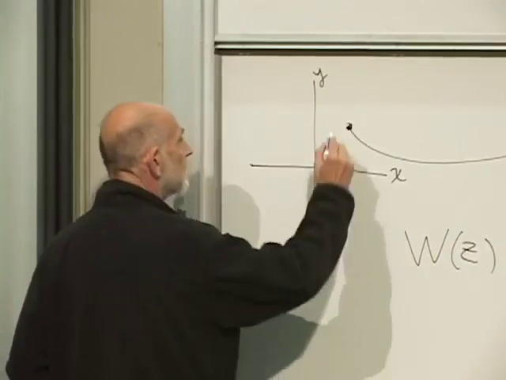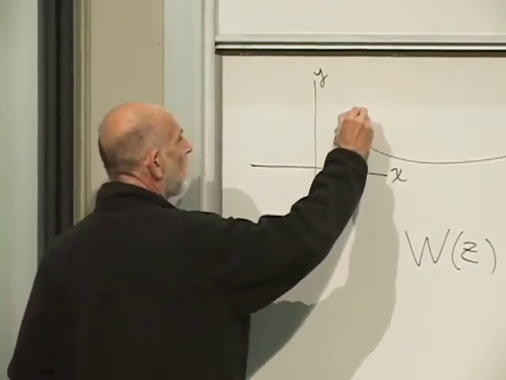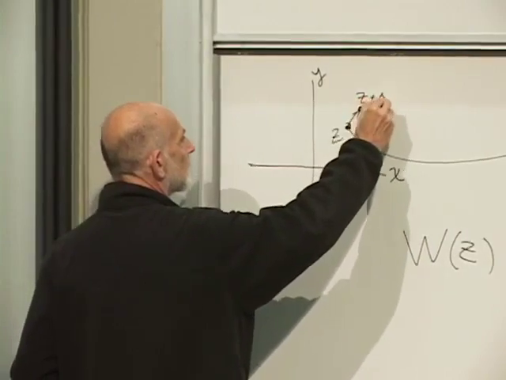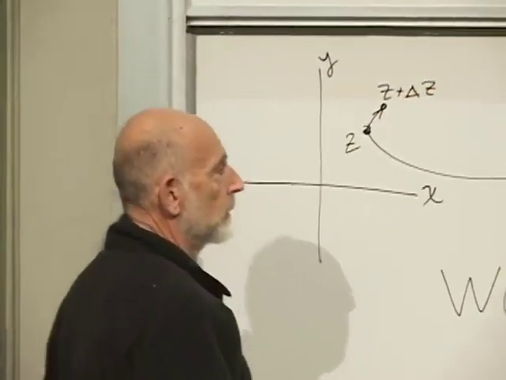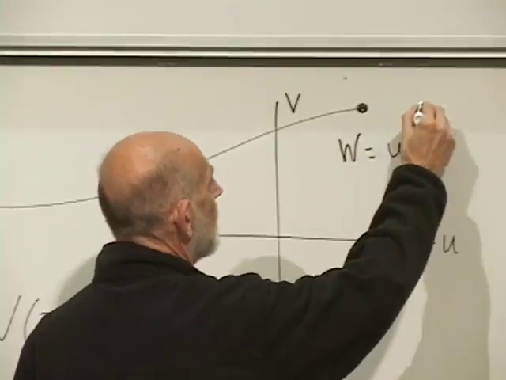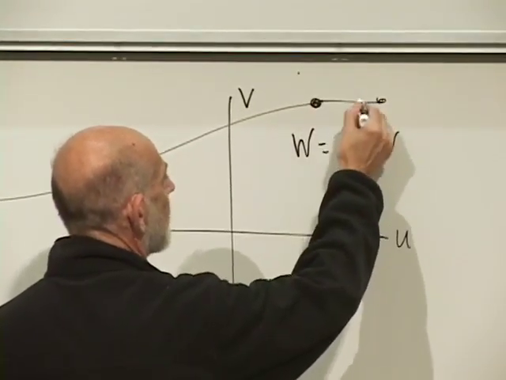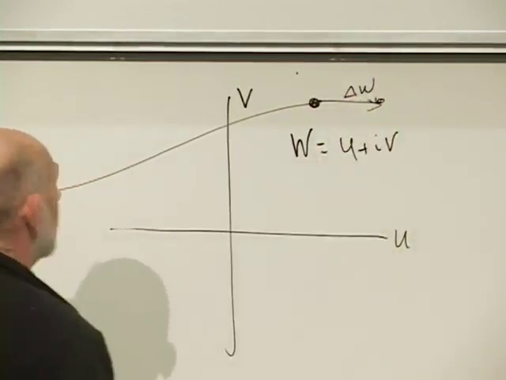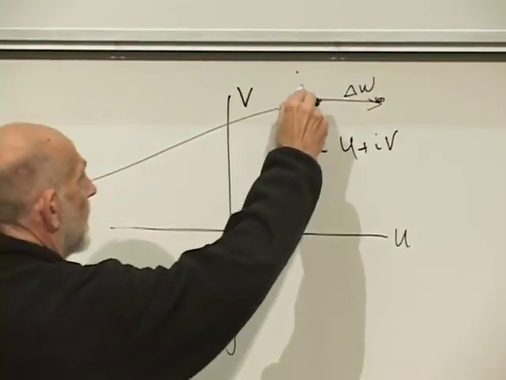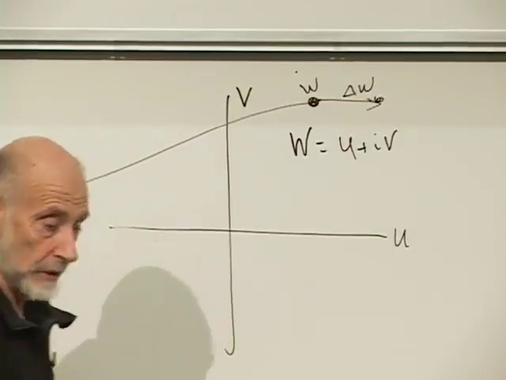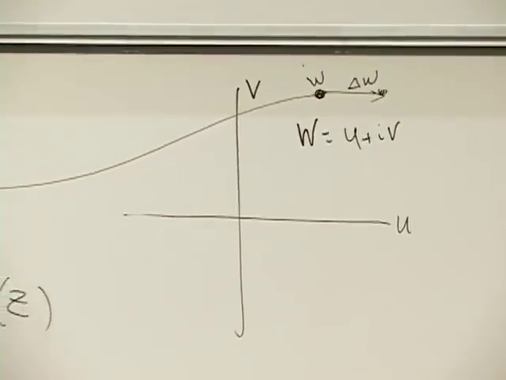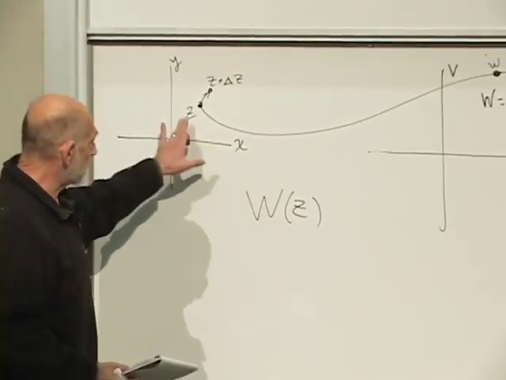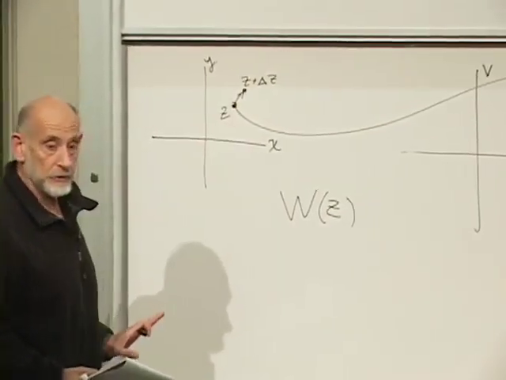Here's z, and move the point to z plus delta z. When you do so, w will move to w plus delta w. Here's w. Here's w plus delta w.